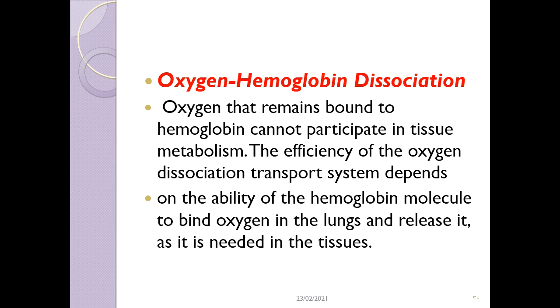The tissue will not be able to use this oxygen if it is still bound to the hemoglobin. So we need the hemoglobin molecule to be able to bind to oxygen in the lung, and also we need the hemoglobin molecule to be able to release this oxygen as it is needed in the tissue.